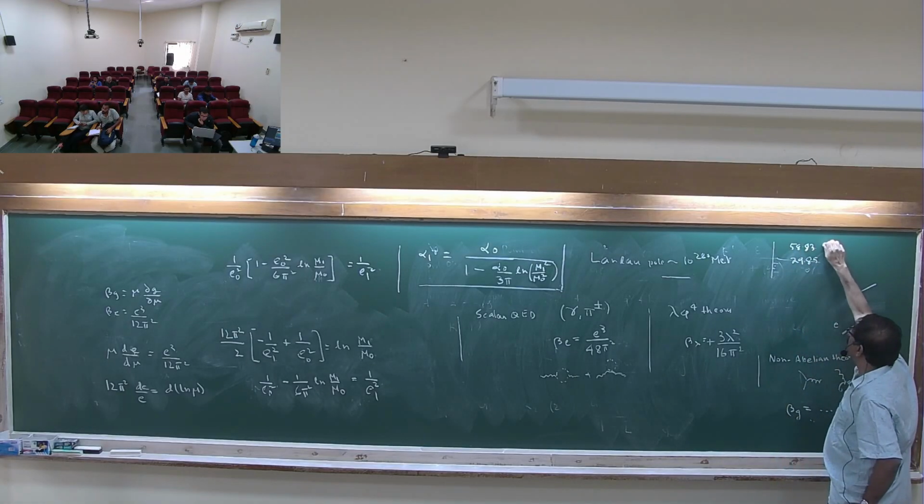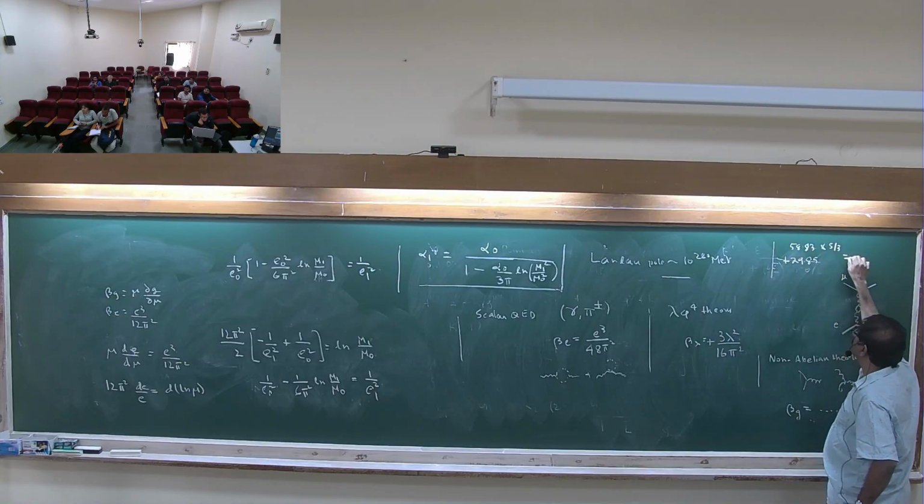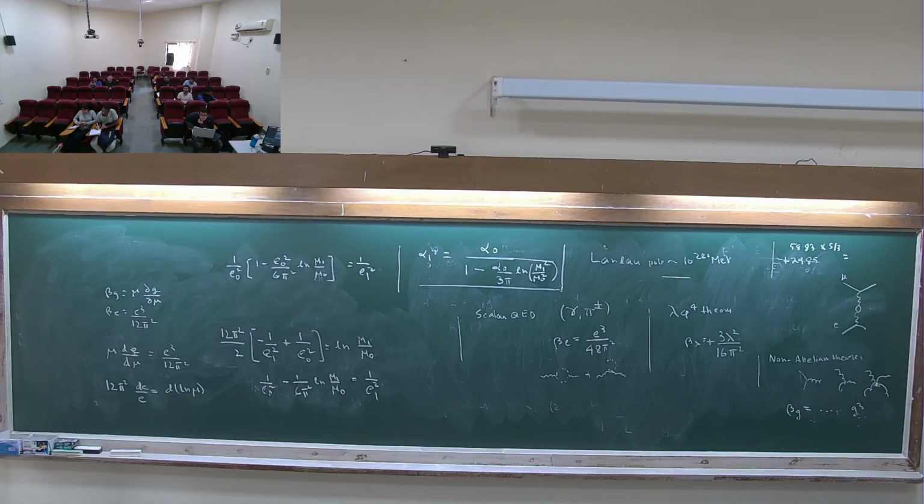So please take 5 by 3 of this and then add it to this and tell me what you get. .9. This is not quite 1 by 137.